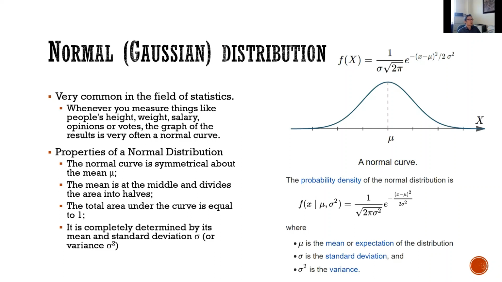Okay, so normal distribution is most commonly used for statistical purposes. As I said, human height, weight, salary, etc., can be modeled very accurately by using two parameters: one is the mean, and another is the variance.